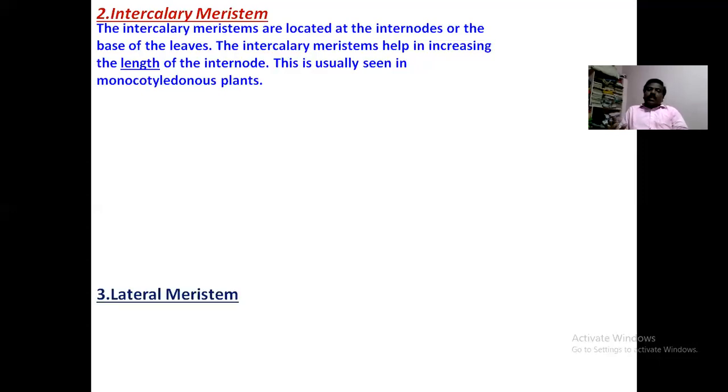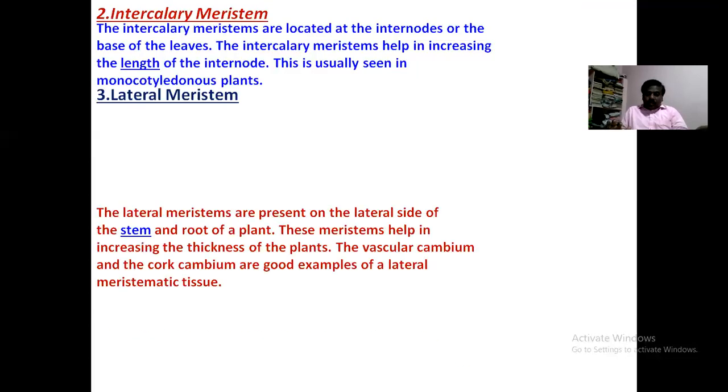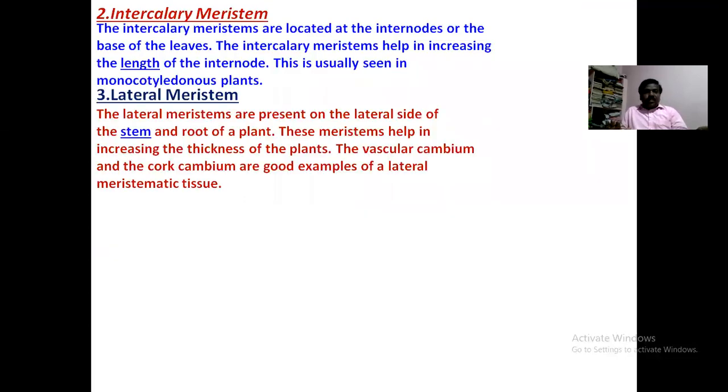And the third one is lateral meristem. This type of meristem is present on the lateral side of the stem and root of plants. These meristems help in increasing the thickness of the plants. The vascular cambium and the cork cambium are examples of lateral meristematic tissues.